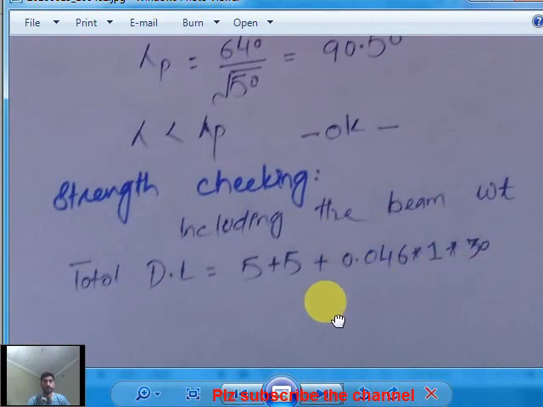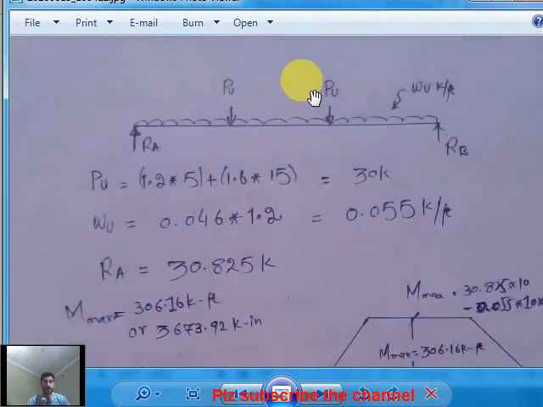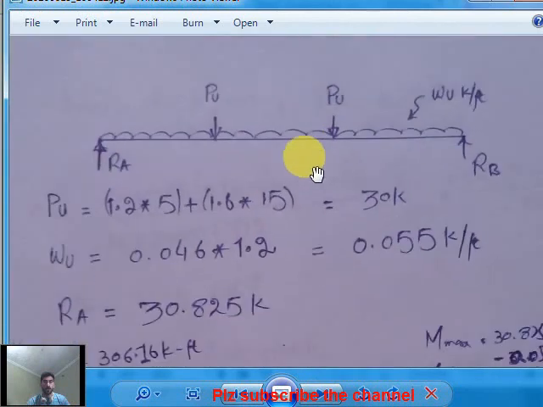Let's see the calculation. Here we have wu, and how much is it? 0.046 kip per foot, remember. So your Pu will be 1.2 times 5 and 1.6 times 15.